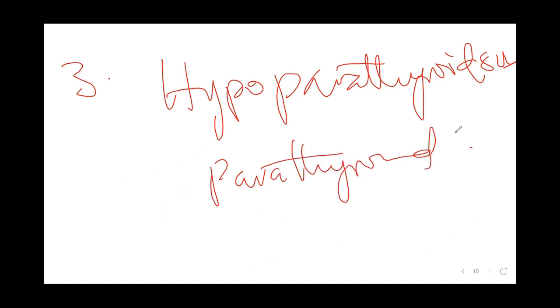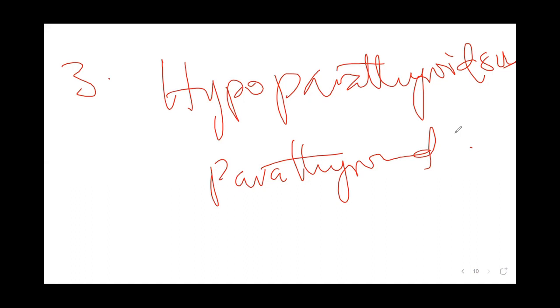We mentioned the parathyroid gland's role is for calcium metabolism. So when you remove the parathyroid gland, the serum calcium is low, and this usually occurs 2 to 5 days after the operation.